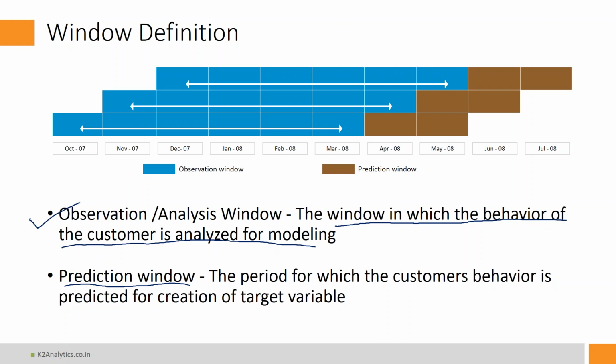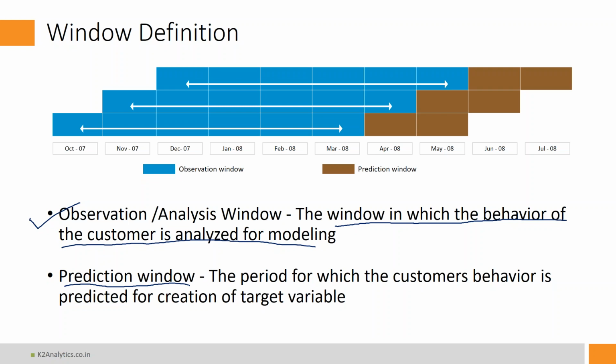So I know all the customers who churned in February. Let me take February as the prediction month. All customers who churned in February, I mark them as 1. All customers who did not churn in February, I mark them as 0.